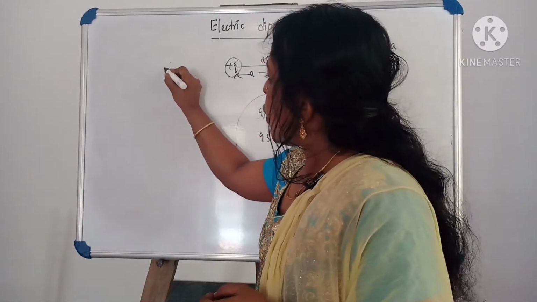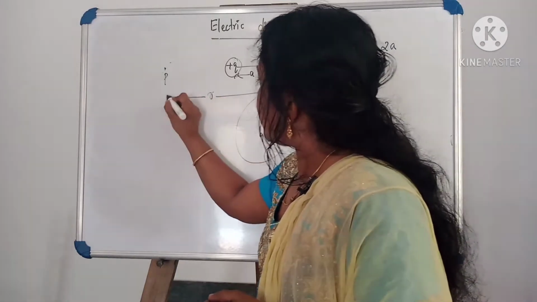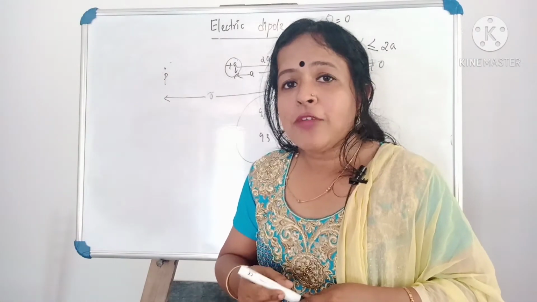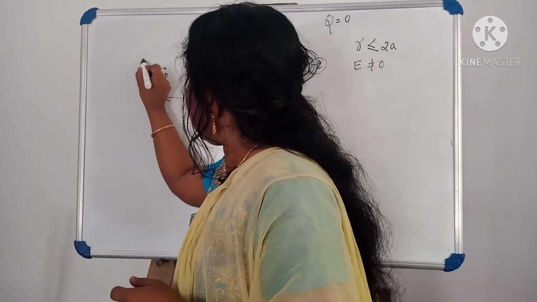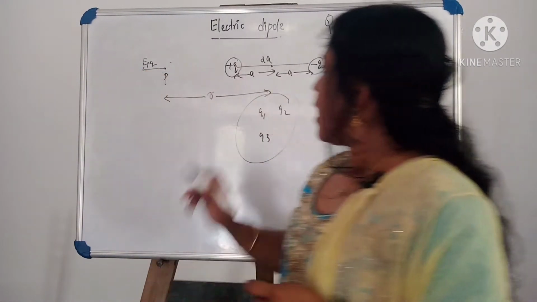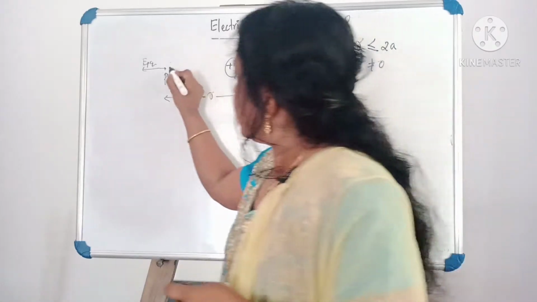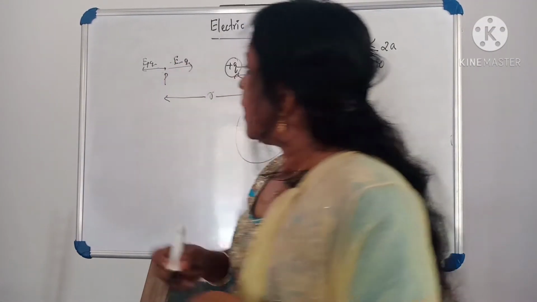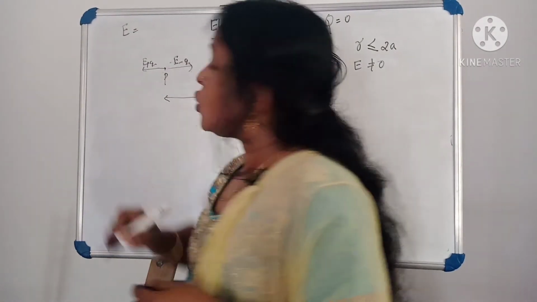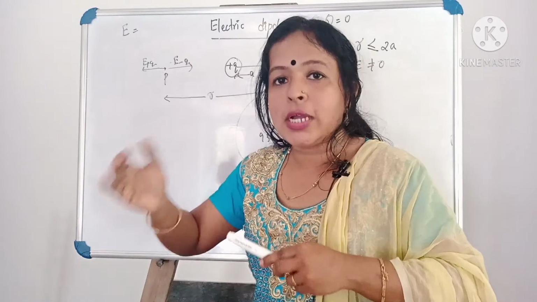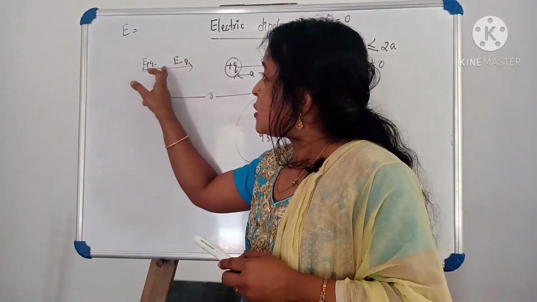If we consider a point P on the axis, and r is the distance from the center of the dipole to the point P, then the electric field vector due to the positive charge is always outwards, that is E plus Q. And the electric field vector due to the minus charge is always inwards, towards the minus charge, that is E minus Q. Then the total electric field at that point, according to the superposition principle, is the vector sum of the electric fields due to all charges at that point.